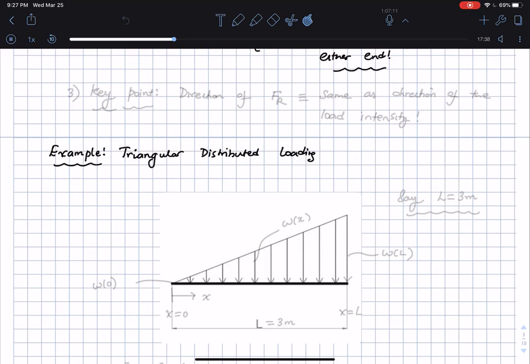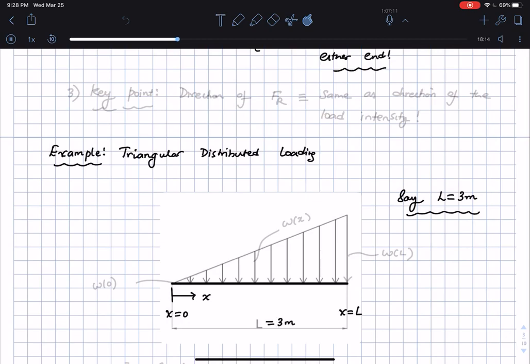So in a triangular distributed loading, as you can see here, let's say that this is the start of our x-axis. This is a horizontal axis that I set up, the x-axis. This is x is equal to 0. This is x is equal to L, right? And let's say, for example, that L is equal to 3 meters in our example here.